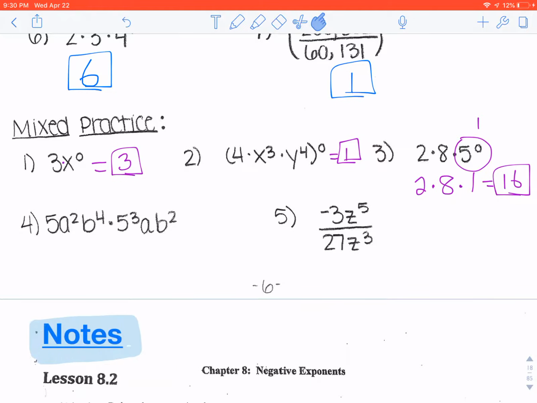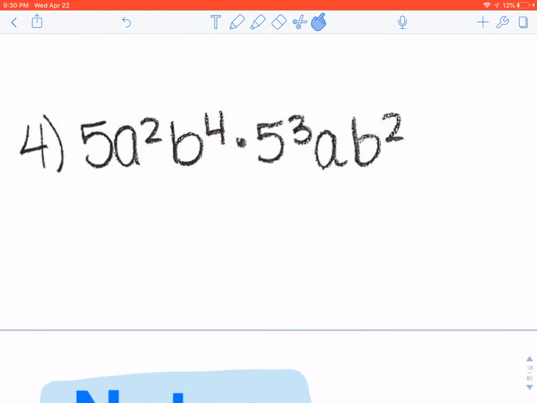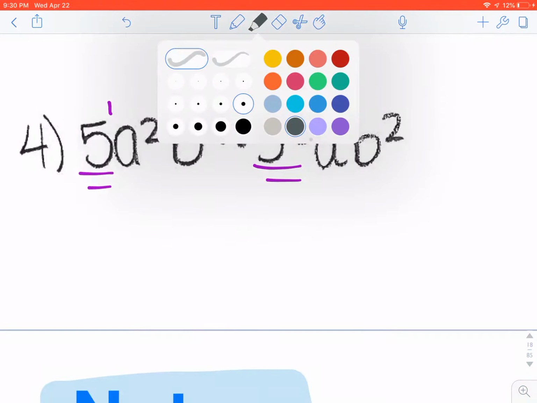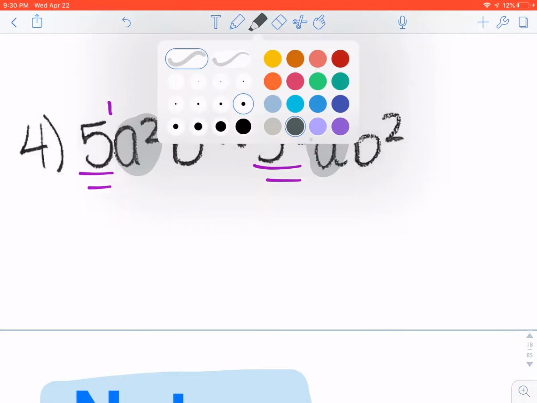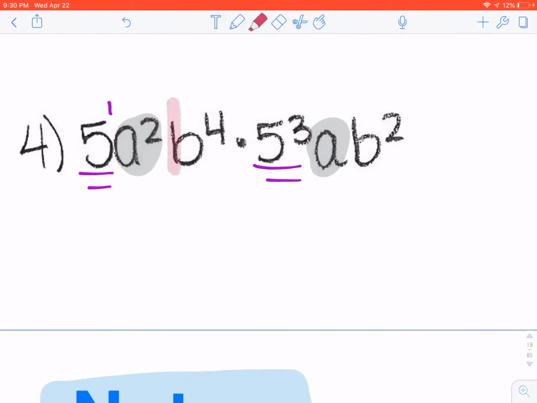Okay, number 4, let me zoom that in here. A little bit different. They are taking us back to property 1. When you multiply same base, you are adding exponents. So if we look at our same bases here, I will highlight and underline the different ones. You are going to add the exponents and rewrite the bases.